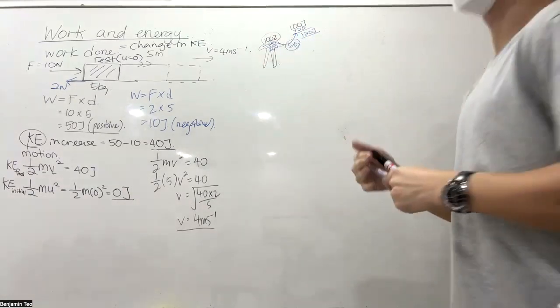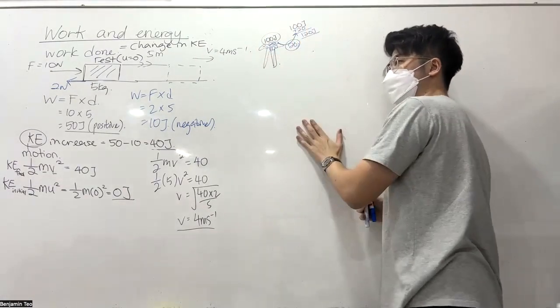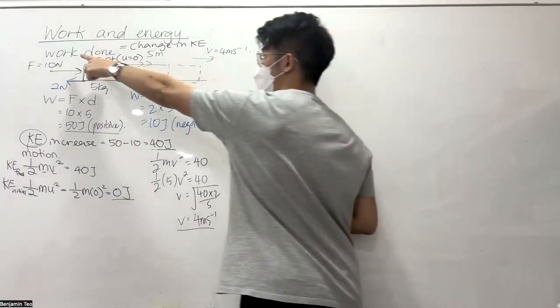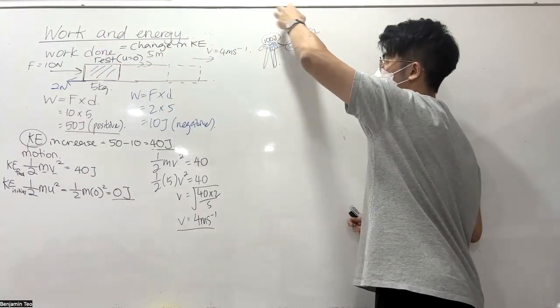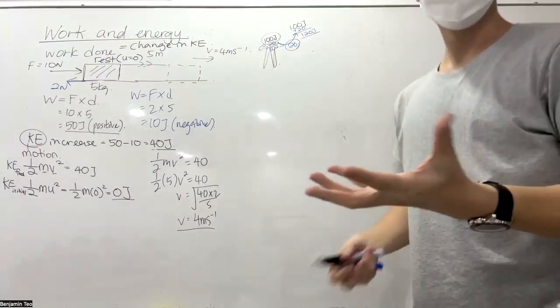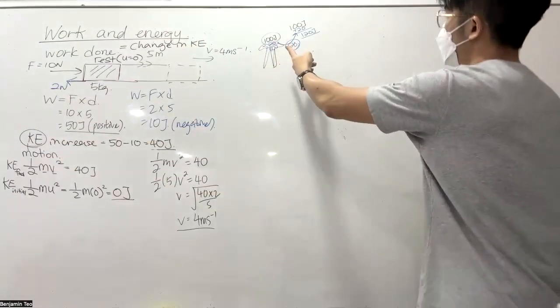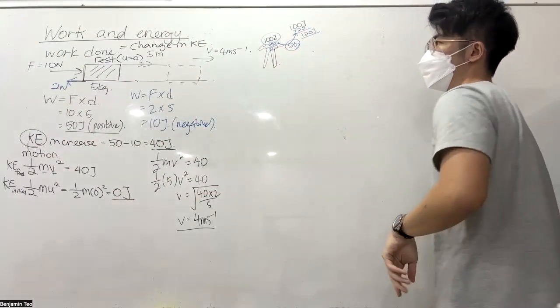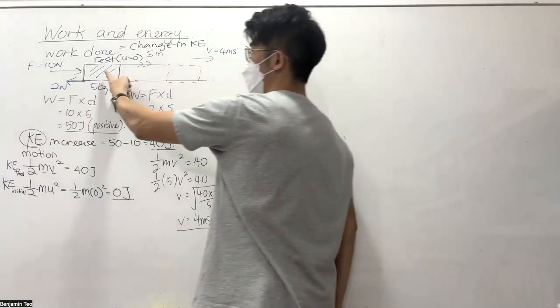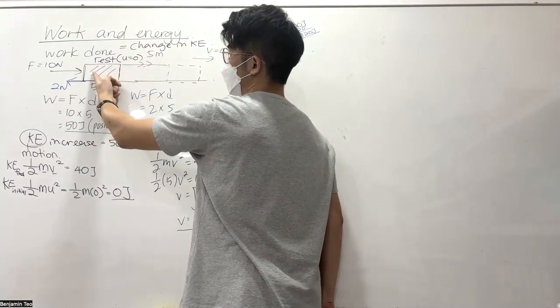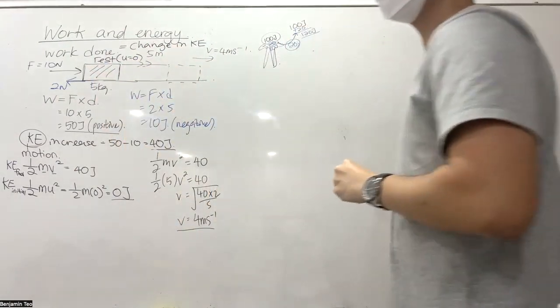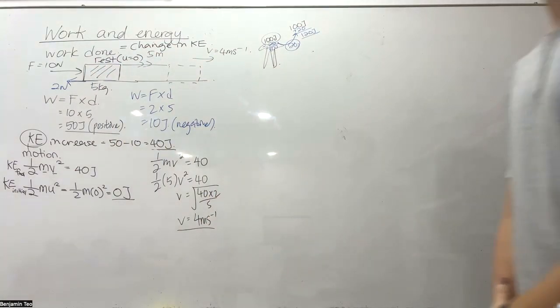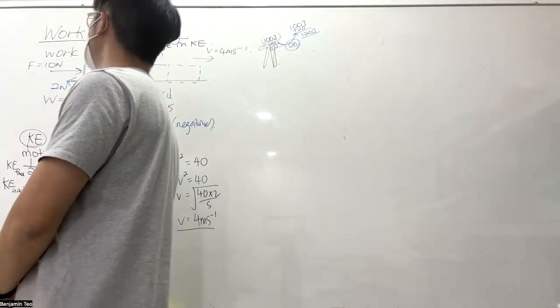The process of the transfer is the work done. That's why I say whenever work is done, energy must be converted. From what to what? In this case, from chemical to heat energy. In this case, from the kinetic energy. Okay, that is the relation between work and energy.